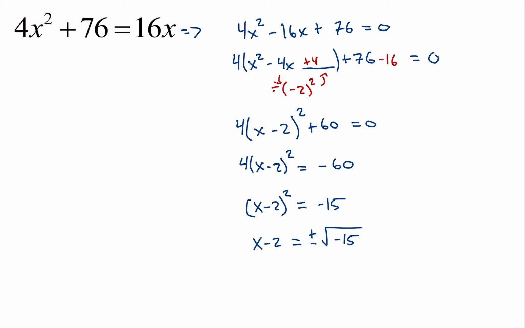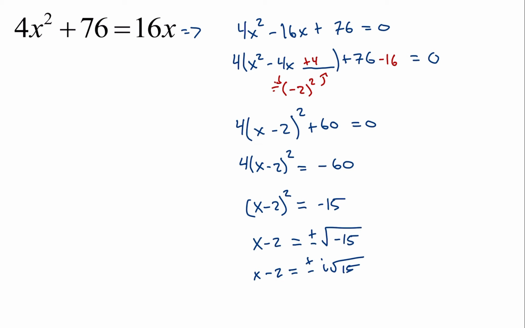This is where that imaginary comes into play because we've got a negative number under the square root. So I've got to take this negative out and put an i there. So I'll have x minus 2 is equal to plus or minus i root 15. And then my last step to get x all by itself is to add 2 to both sides.